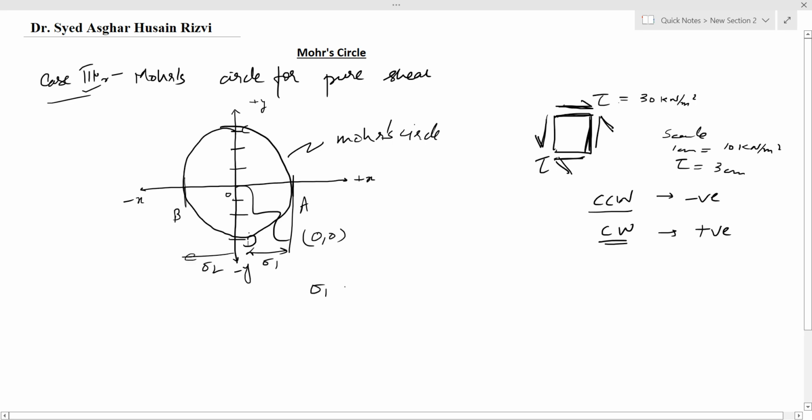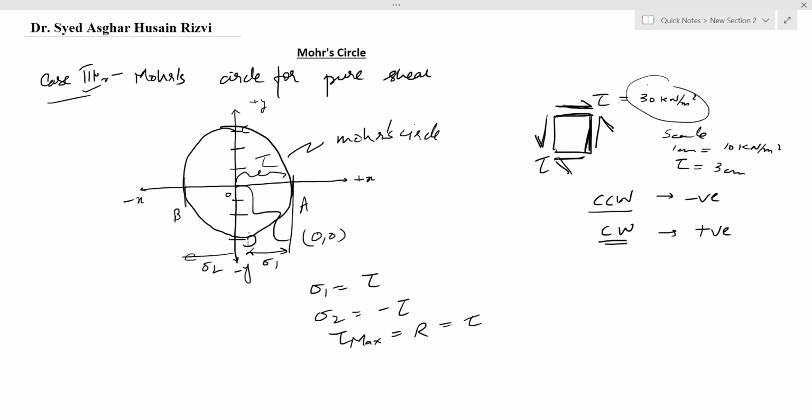So sigma 1 equals positive tau and sigma 2 will be negative tau, and the maximum shear stress tau max will be equal to the radius, and the radius is equal to tau, that is 30 kilonewton per meter square as taken as an example in this case. So this is case 3 for Mohr circle having pure shear.